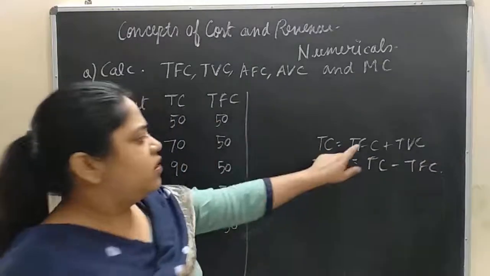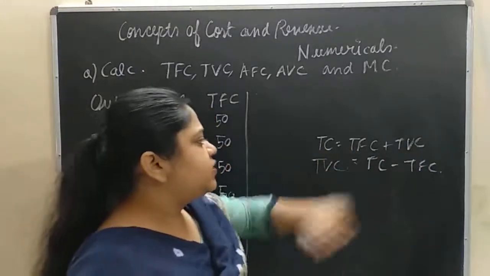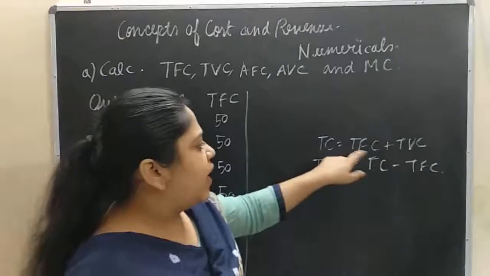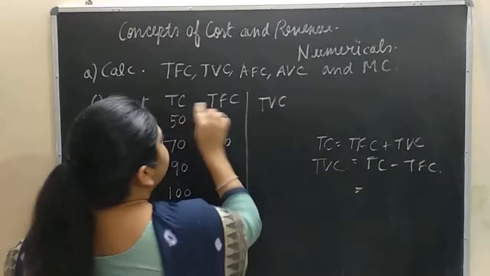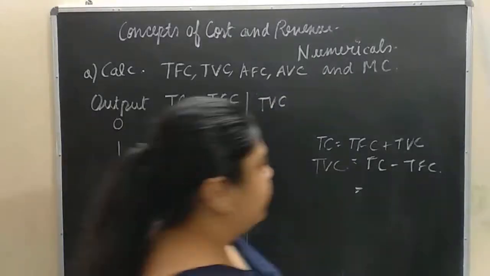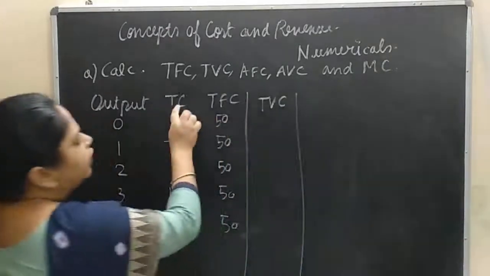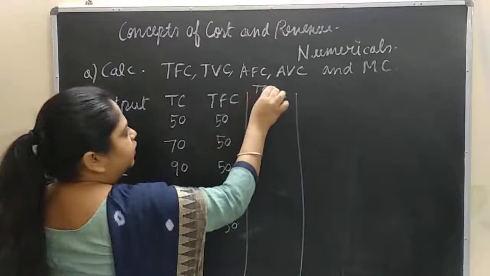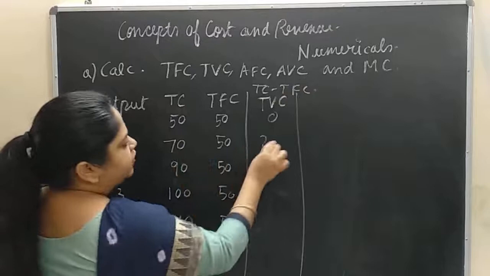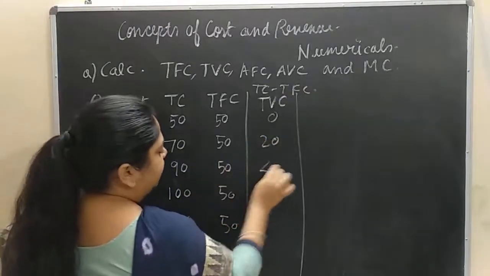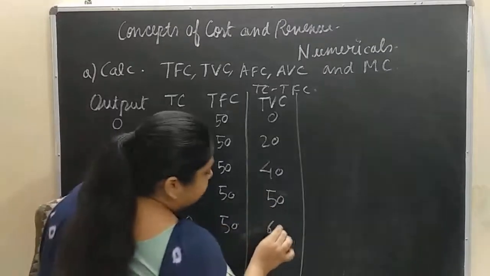That is, TC stays here, and we take TFC to the other side with a minus. So the formula will become TC minus TFC. That is 0, 70 minus 50 is 20, 90 minus 50 is 40, 100 minus 50 is 50, 110 minus 50 is 60.